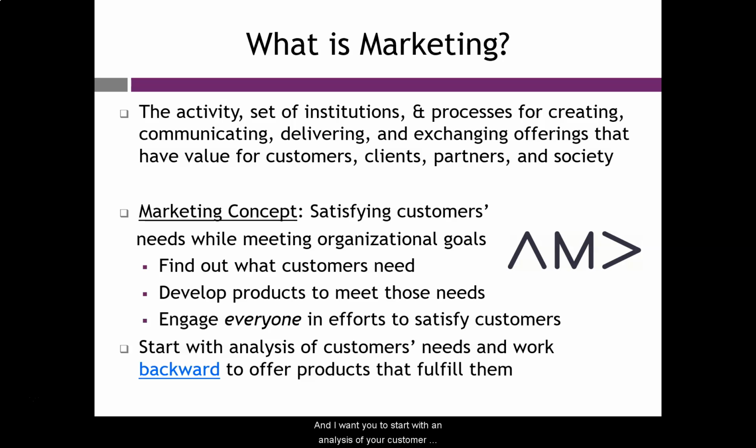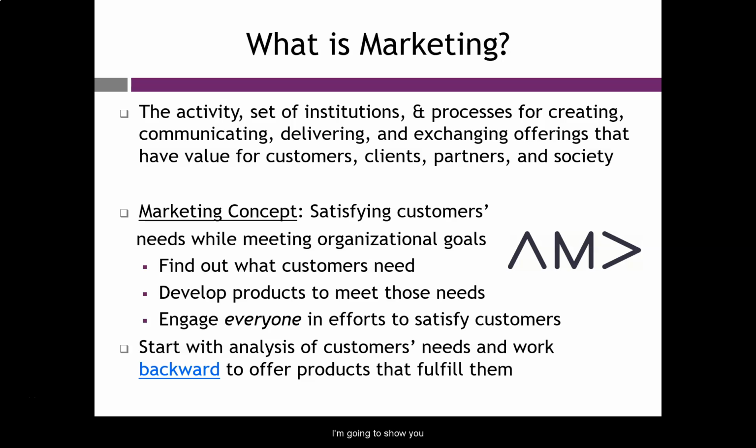And I want you to start with an analysis of your customer needs, take a look at that final bullet, and work backward to offer products that fulfill them. That's what businesses do. First, you look at what the customers need. It's what Amazon did.